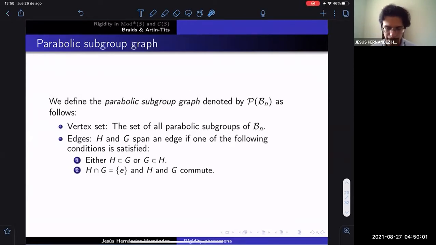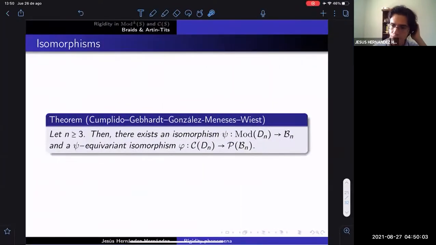And with this definition, I can have the following result, due to Cumplido, Gebhardt, Gonzalez-Meneses, and Wiest. If n is greater than or equal to 3, we have the classical isomorphism between the mapping class group of the disk and the braid group, and then I can find a psi-equivariant isomorphism between the curve graph and the parabolic subgroup graph. So we are actually giving an algebraic interpretation to the curve graph.